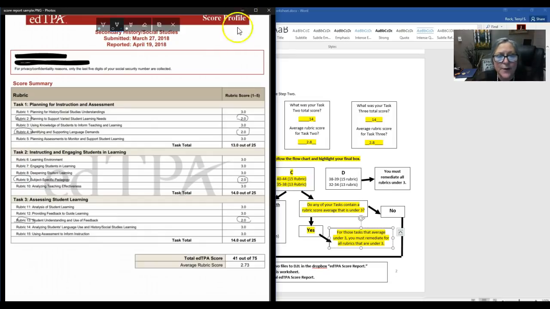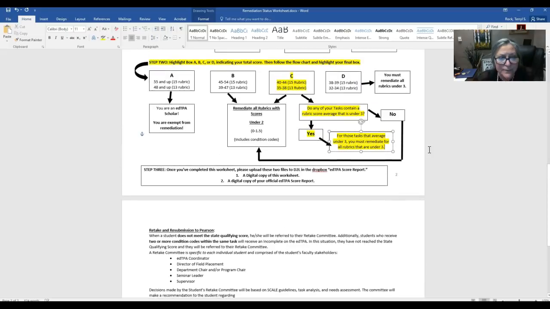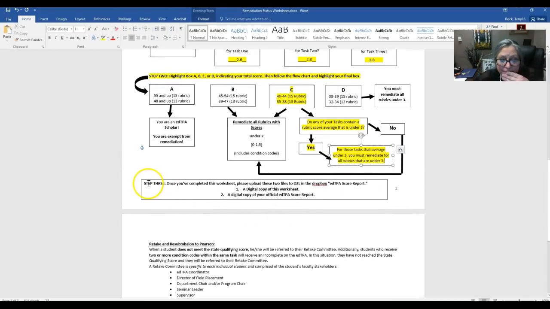So at this point, I know what I have to remediate, and I know that I need to go to remediation. Now, step 3, once you've completed this worksheet, please upload these 2 files to D2L in the Dropbox, EdTPA score report.